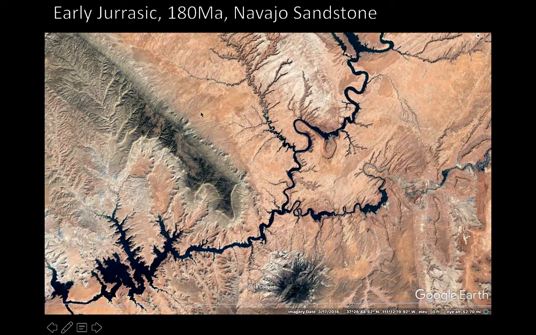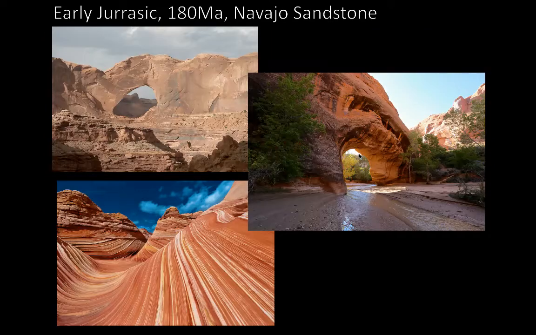But all of the red rock that you see here is exposed at the surface, Navajo or similar age Mesozoic sandstone that formed during widespread desert conditions during the mid-Jurassic. So this is what the Navajo sandstone looks like on the ground. This is a famous geologic spot in northern Arizona called the Wave.